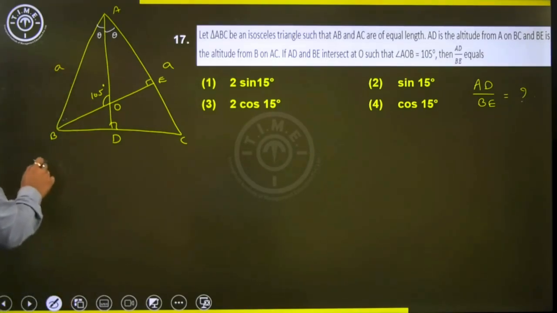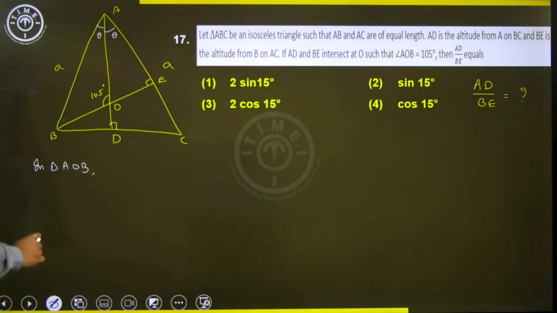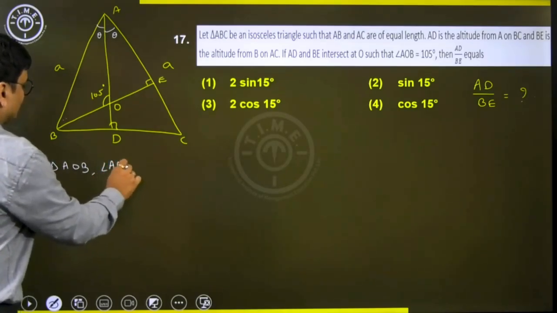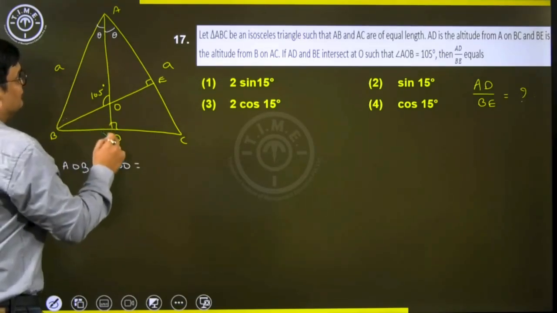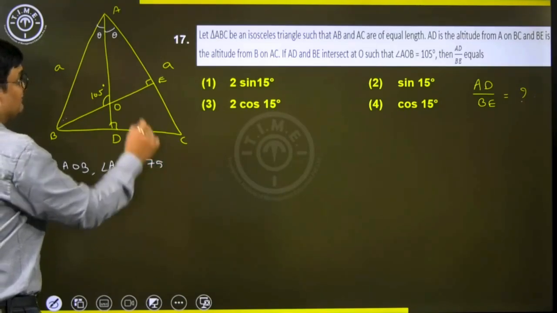So, if you look at the triangle AOB, can I say angle ABO, as the sum of the angles should be 180 degree, is going to be 180 minus 105, that is 75, minus theta.